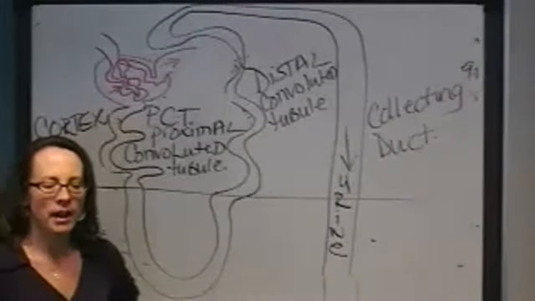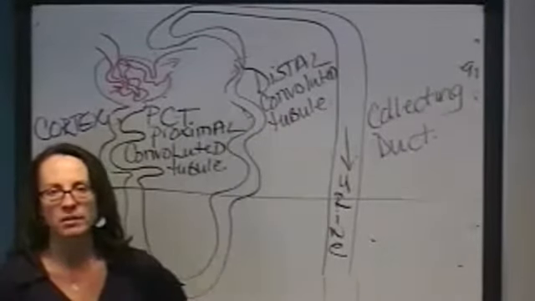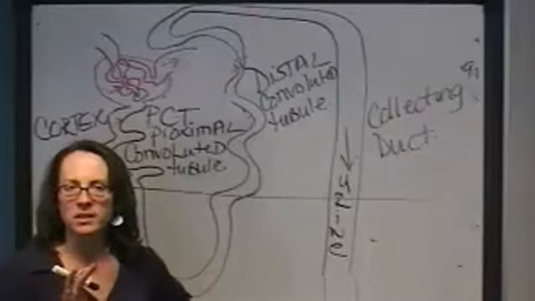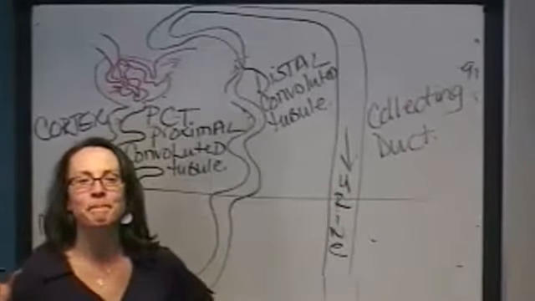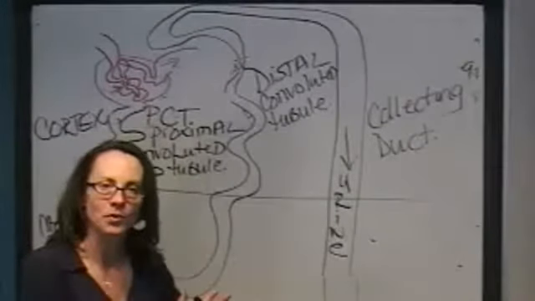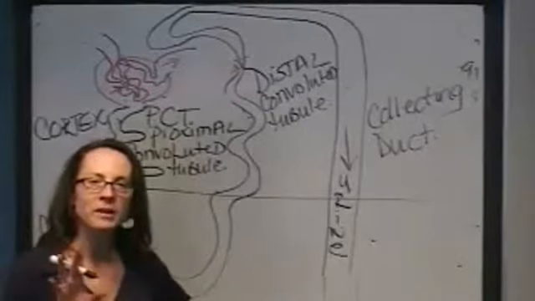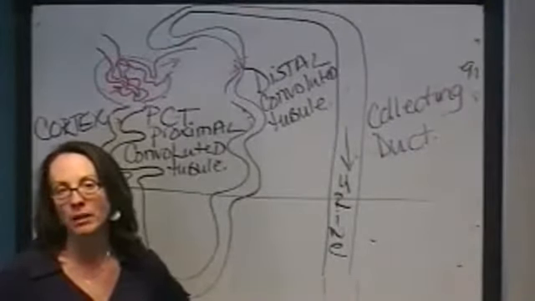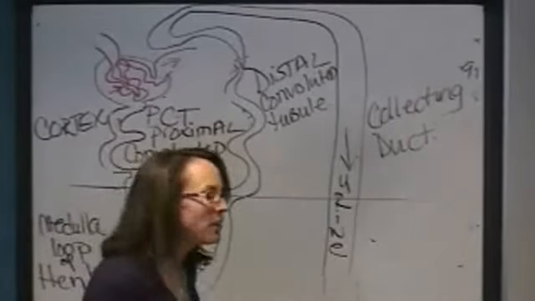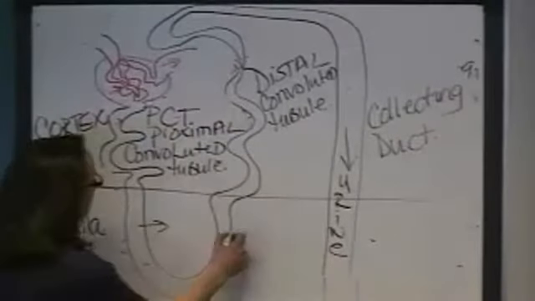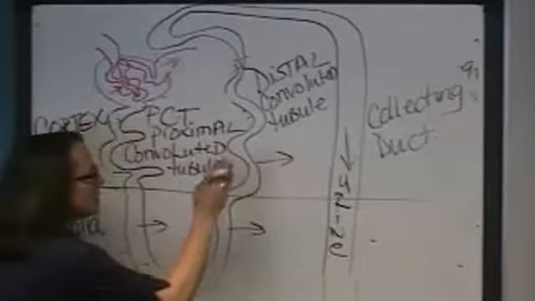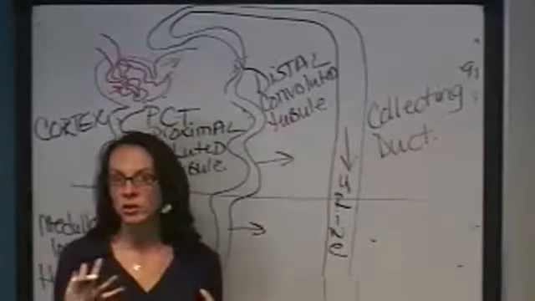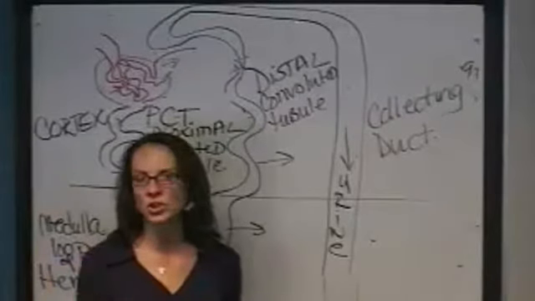Now the tricky thing is that along this tubular system, at different areas, different substances will be sucked out of the tube and sent back to the bloodstream. There are very specific areas that reabsorb very specific substances along this tube.